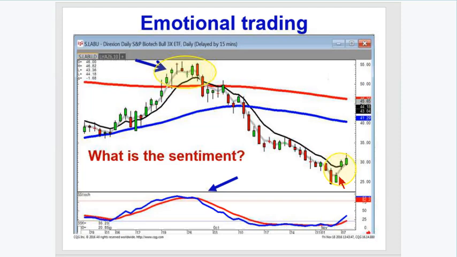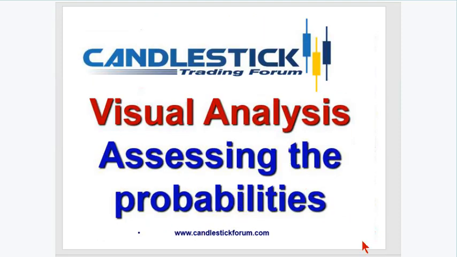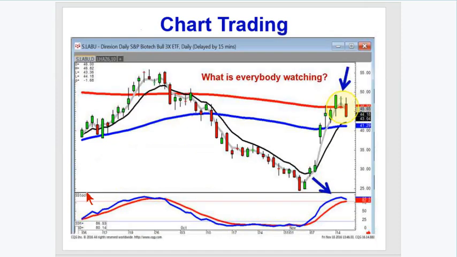Take off half the position. Worst case scenario, if it continues lower, you're still making money in a much higher risk area. But the probabilities are starting to show that things are changing. So that's what the visuals do. Visual analysis allows us to assess what the probabilities are doing.